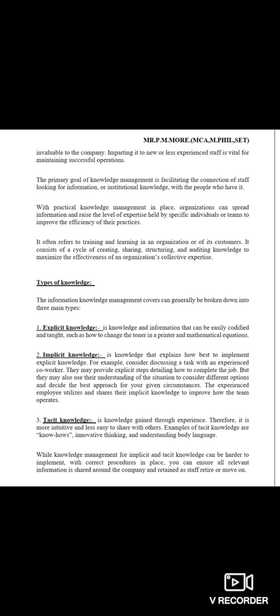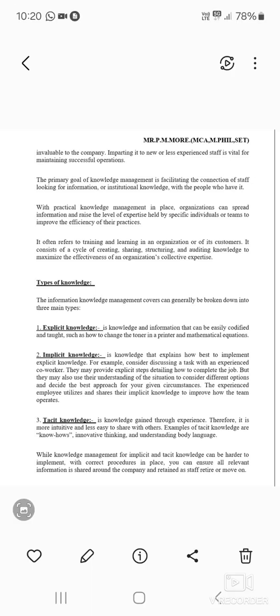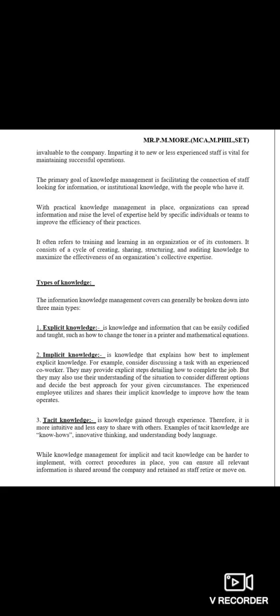The primary goal of knowledge management is facilitating the connection of staff looking for information or institutional knowledge with the people who have it. With practical knowledge management in place, organizations can spread information and raise the level of expertise held by specific individuals or teams to improve the efficiency of their practices.